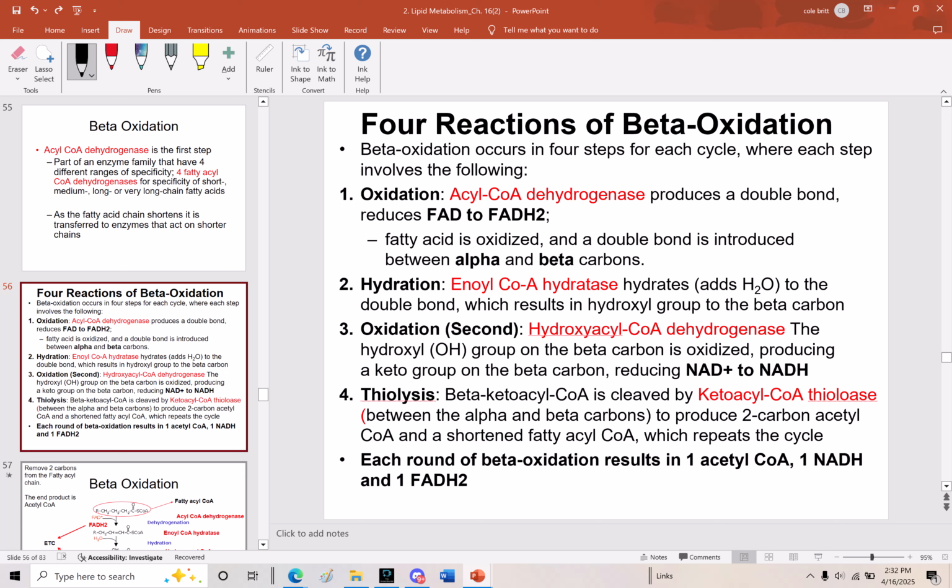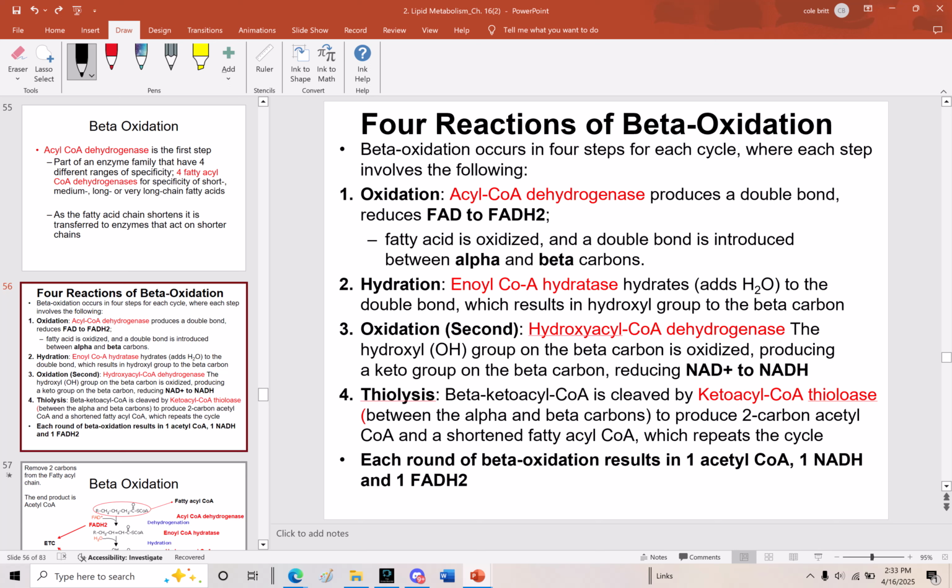The third step is also important because we make another dehydrogenase product, in this case an NADH. It's called hydroxyacyl-CoA dehydrogenase, because it's working on a hydroxyl group, so it's a hydroxyacyl-CoA.